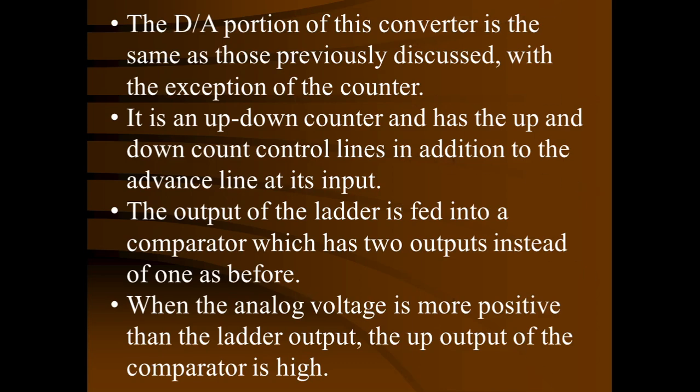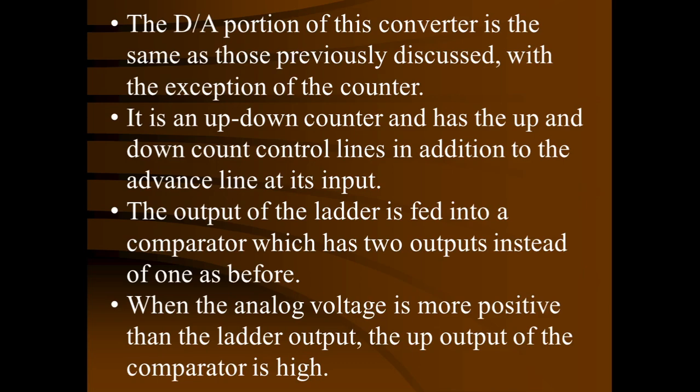This is written over here. The D to A portion of this converter is the same as those previously discussed. That means the digital to analog conversion portion of this converter is the same as those previously discussed, with the exception of the counter. Here the counter is operating in both directions, in a count up mode as well as in a count down mode.